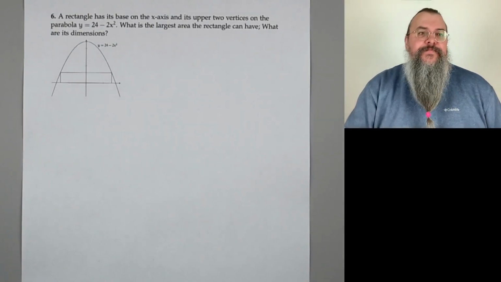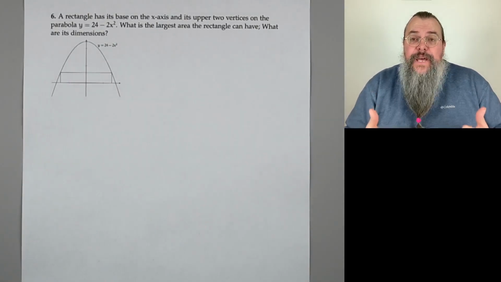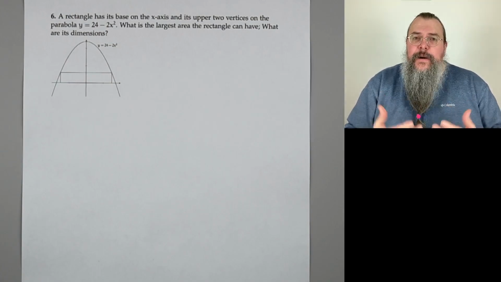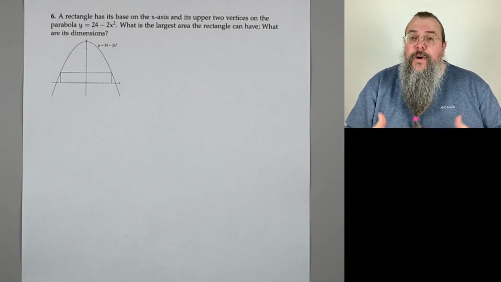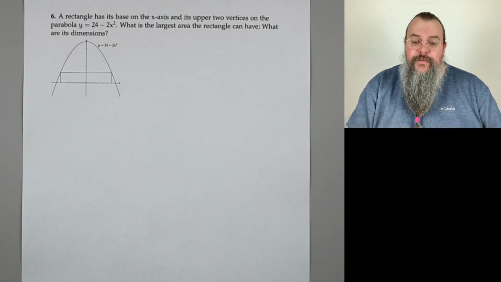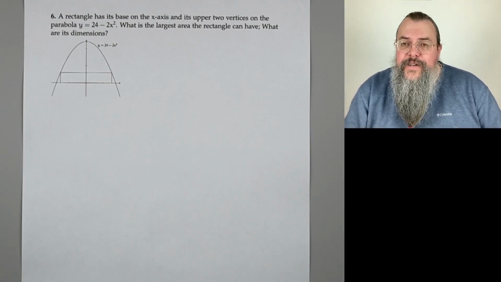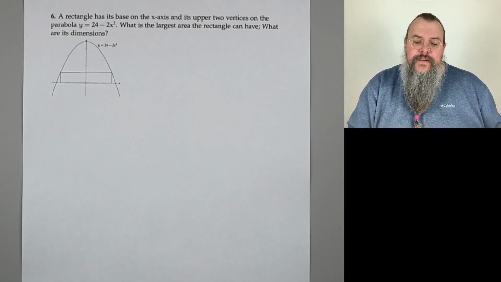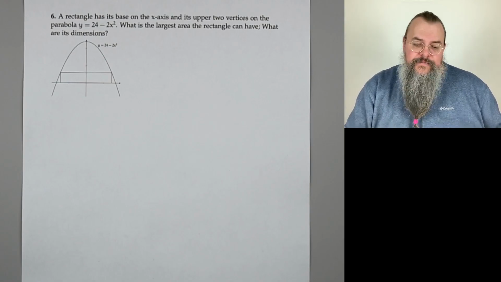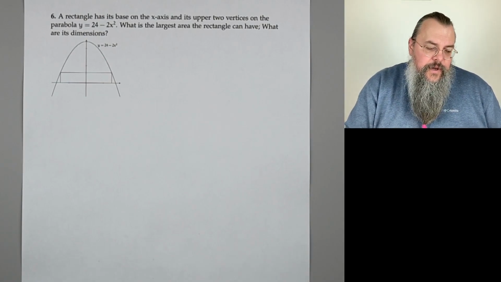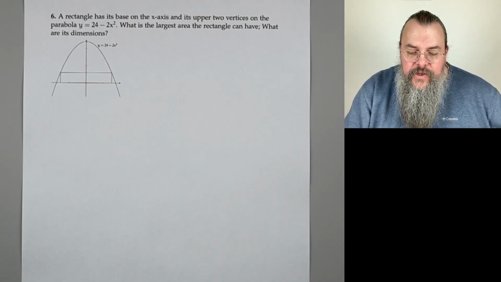Number 6. A rectangle has its base on the x-axis and its upper two vertices on the parabola y equals 24 minus 2x squared. What is the largest area the rectangle can have? And what are its dimensions? So, well, they gave us a picture here.